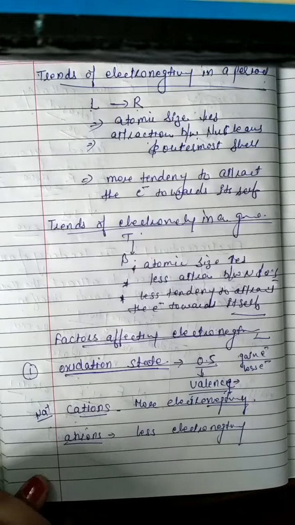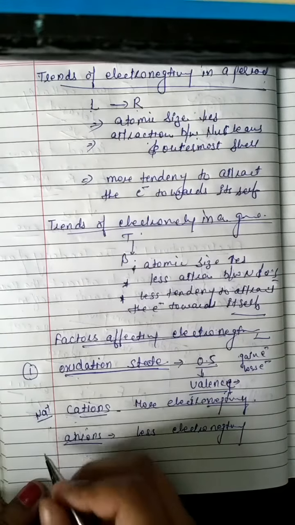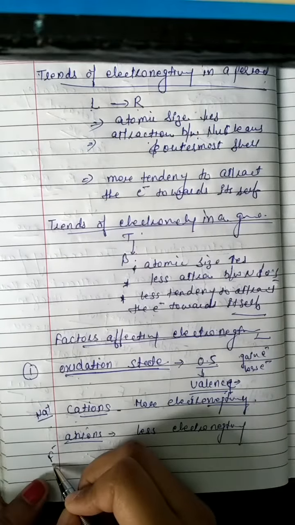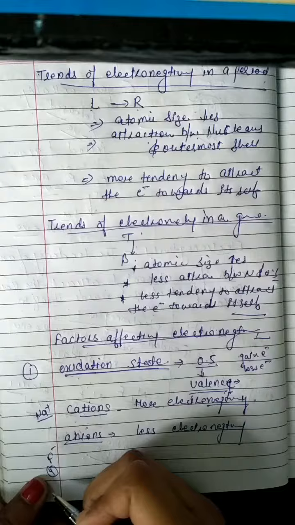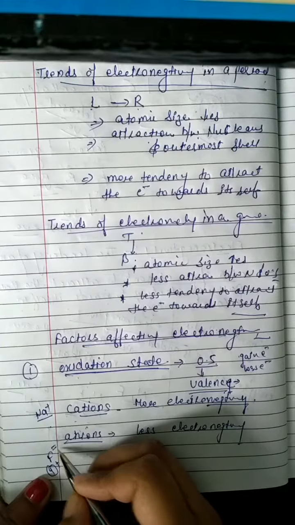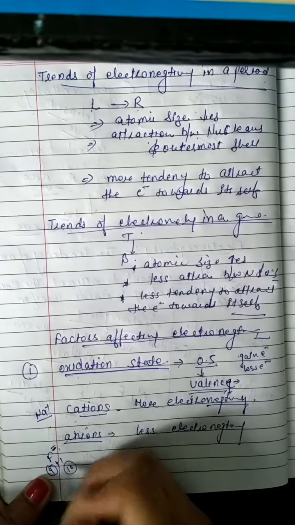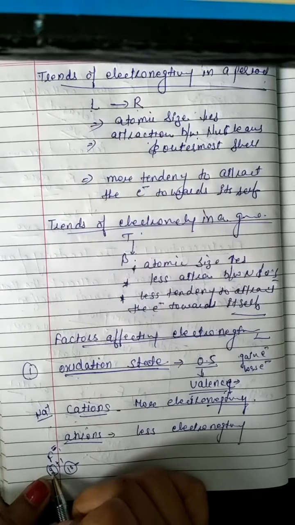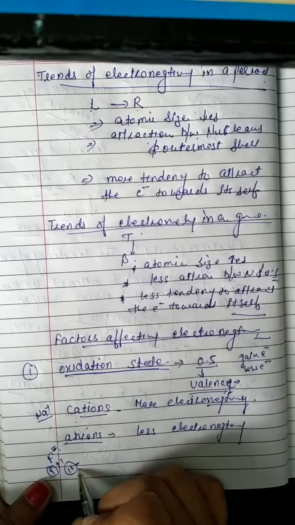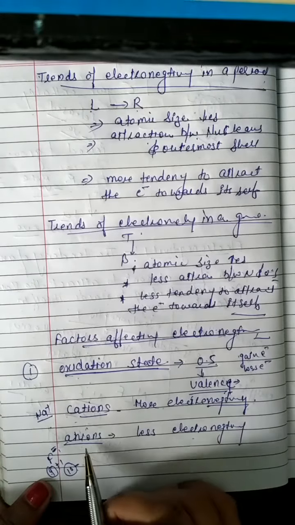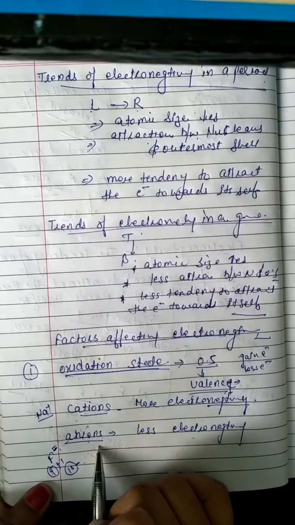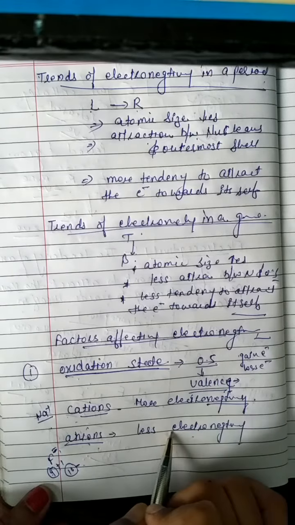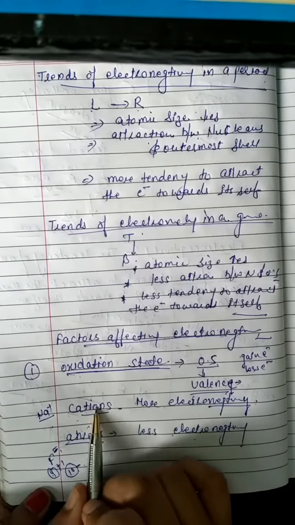They have less tendency to attract the electron towards itself. For example, F negative. F negative means 9 electrons were already there, and one is added to form an anion. There are 10 electrons, but the nuclear charge is less while the electrons are more. So they have less tendency to attract the electron towards itself. That's why anions have less electronegativity as compared to cations.